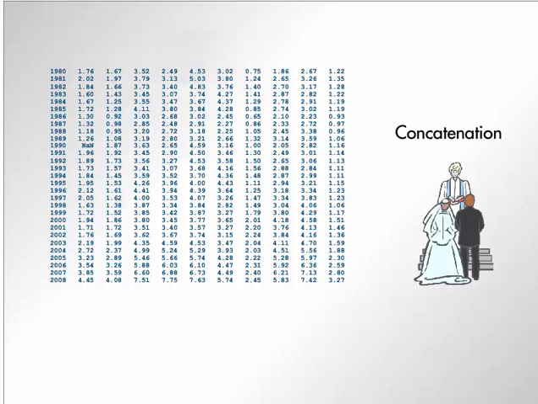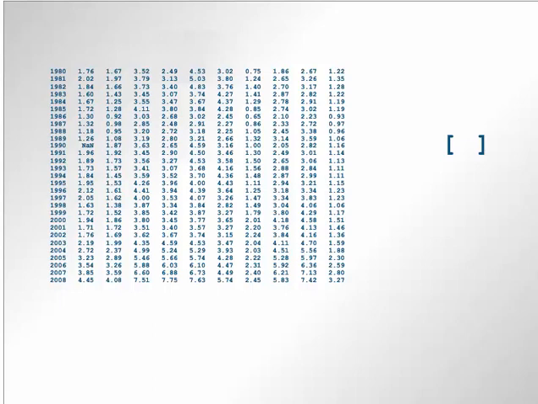In the previous lessons, you have learned that you can concatenate several values using square brackets. Commas or spaces are used to position elements side by side, and semicolons are used to position the elements vertically.